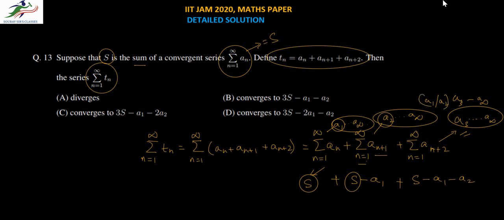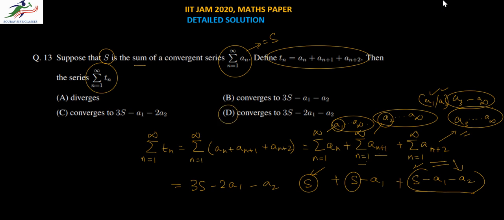So a1 plus a2 plus a3 to a infinity would be S, and if I remove a1 and a2, we get the remaining terms, which is what is given here. So S minus a1 minus a2 is this term. So if I add these 3 up, this is 3S minus 2a1 minus a2. So option D, it converges to 3S minus 2a1 minus a2, is the correct choice.